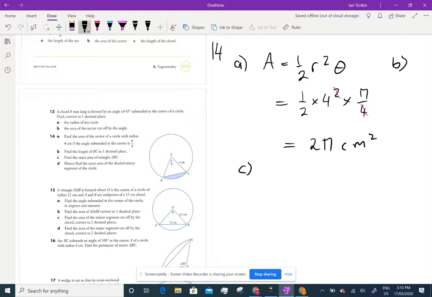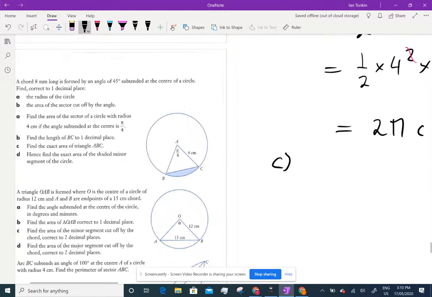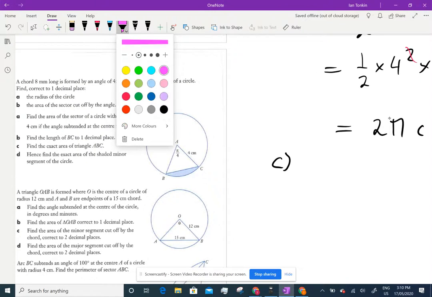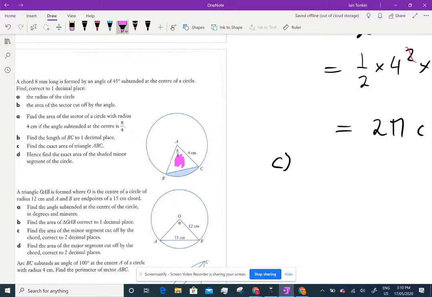Find the exact area of the triangle ABC. So they just want me to find this area.